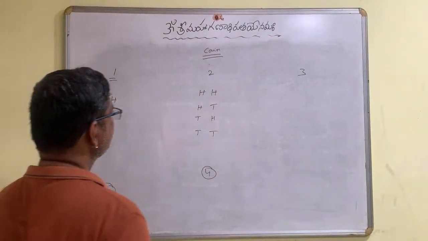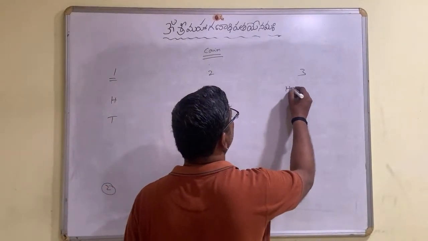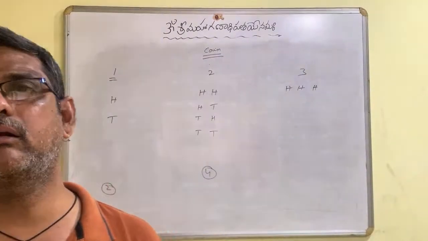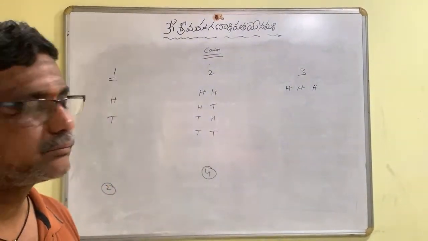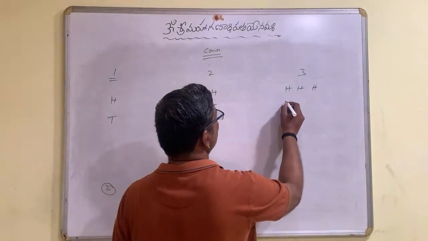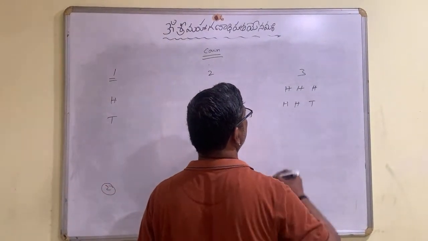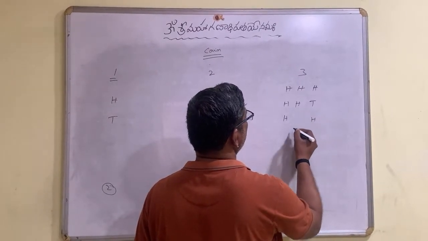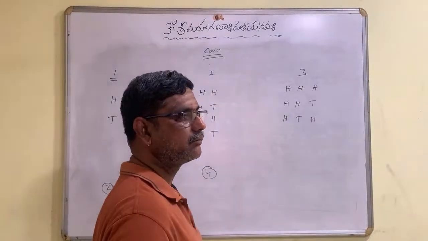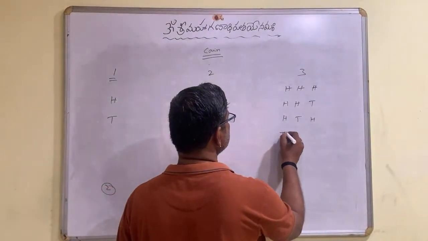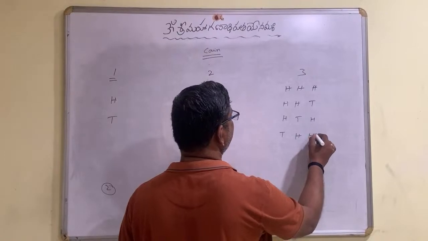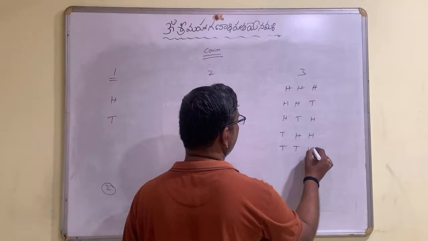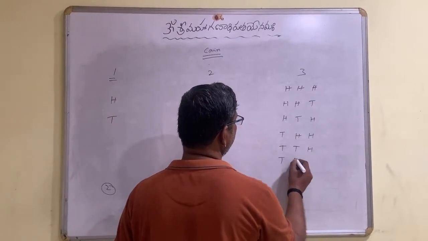Okay? 3 coins. Head on all the 3 coins. First 2 coins head, third coin tail. Head on first, head on last, middle coin tail. On first coin tail, remaining 2 coins head. In the same way, tail, tail, head. Tail, head, tail.